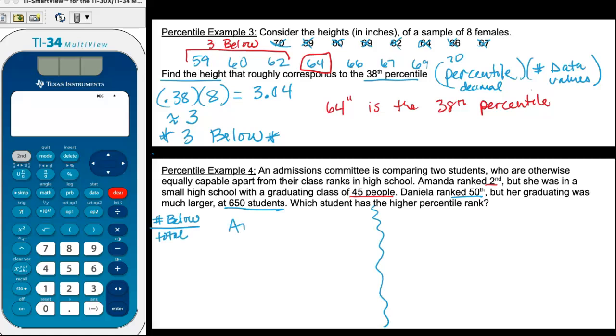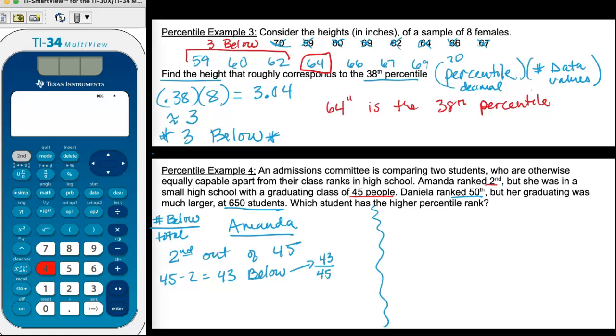So I'm going to start by looking at Amanda. So if Amanda came in 2nd out of 45, we have to find how many people below. So we're just going to do 45 minus 2 is 43. So 43 are below her. So then we're going to take 43 divided by the total of 45, and we're going to times that by 100, and we're going to round to the nearest whole number.